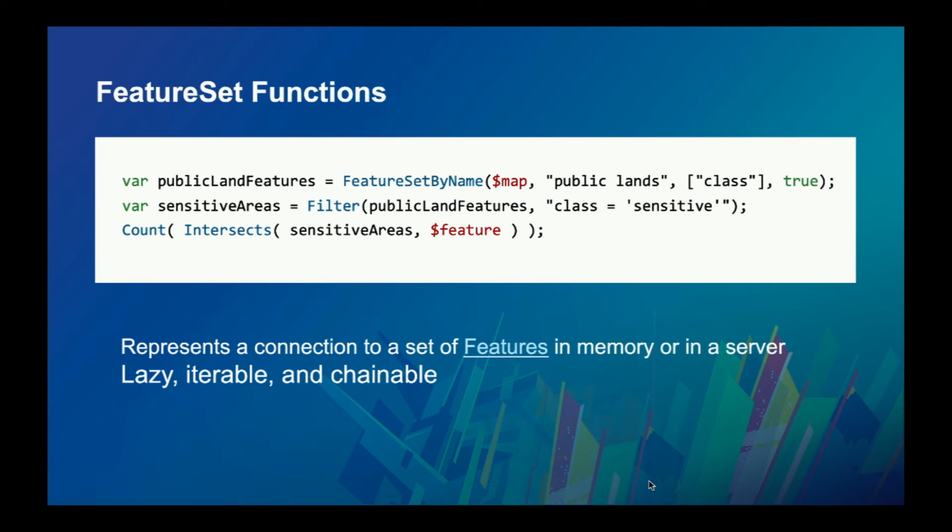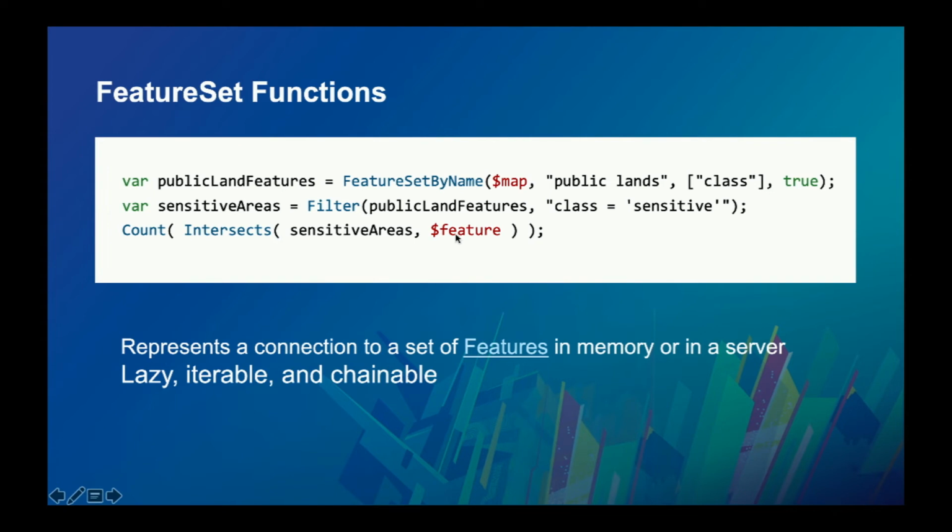You're saying, look at all these layers and give me the one with the name public lands. I only want to return the class attribute, and I want the geometries back. Then you can call this filter function, say I only want the sensitive lands, and I want to know the count of the sensitive land features that intersect my project area feature.